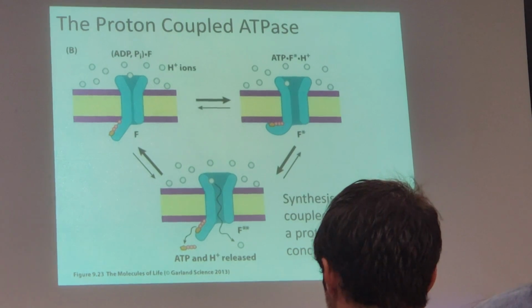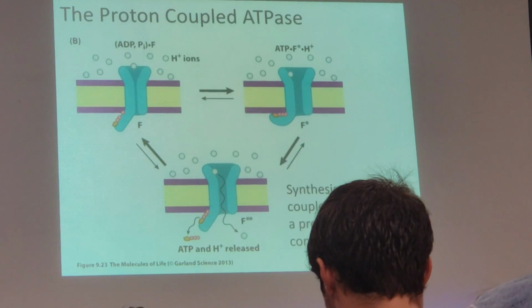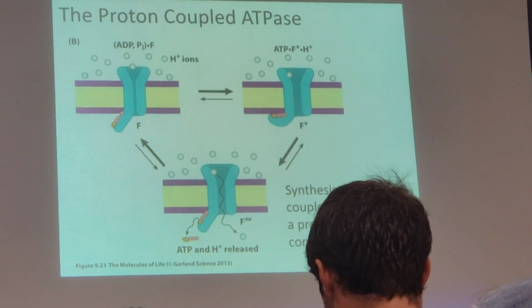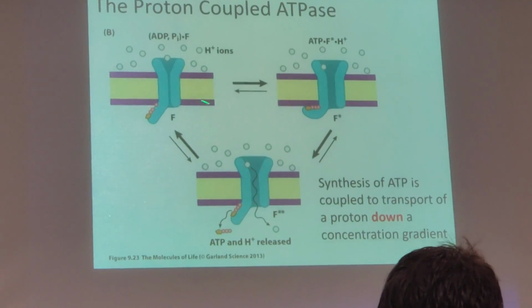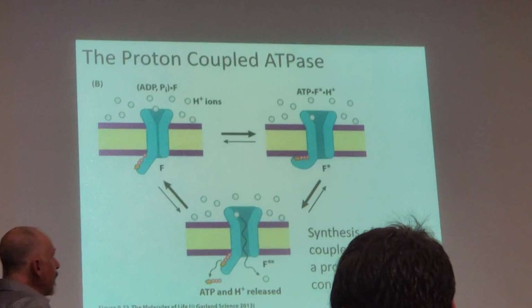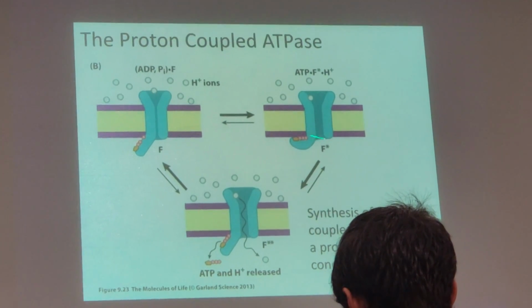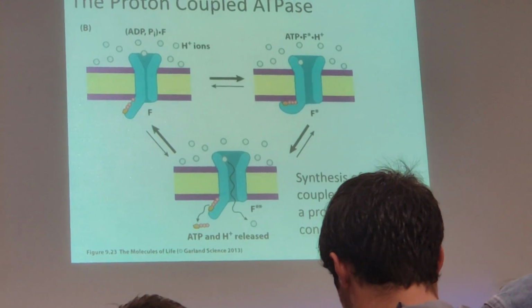All right, so I start with my F ATPase bound to ADP, my substrate essentially, inorganic phosphate, and I have protons. At the first step, I'm going to make a complex with the protons, and you see one of these protons in white is actually bound.